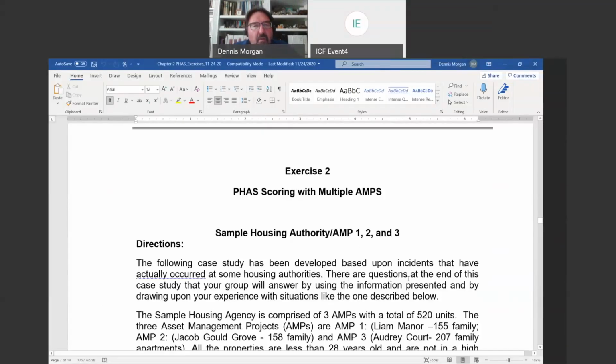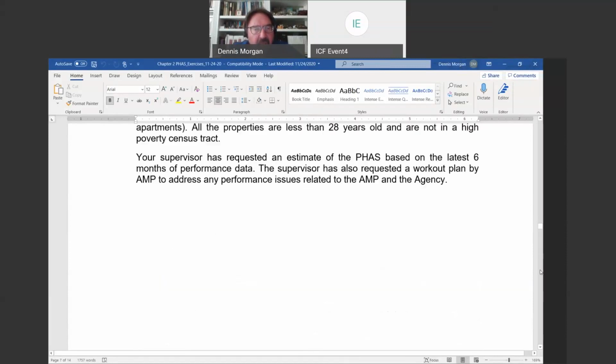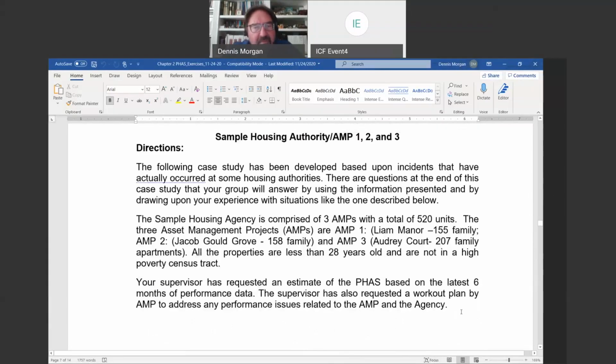So we're now going to walk through an exercise which is going to take the evaluation based upon your PHAS. And here we have the sample housing authority. The sample housing authority is made up of 3 AMPs.